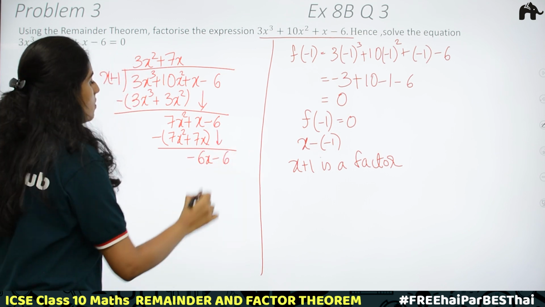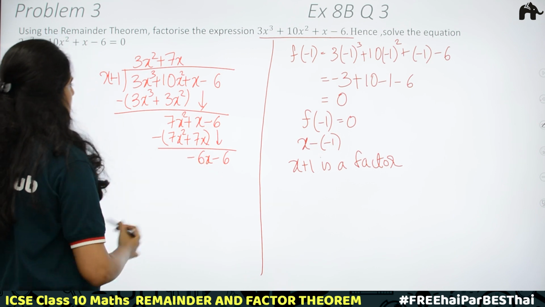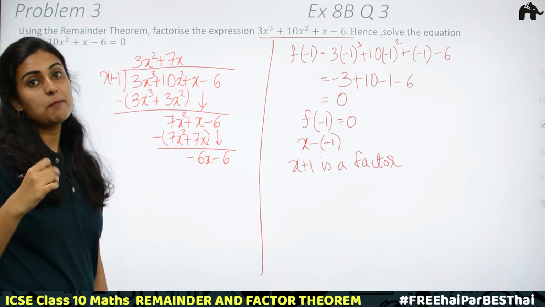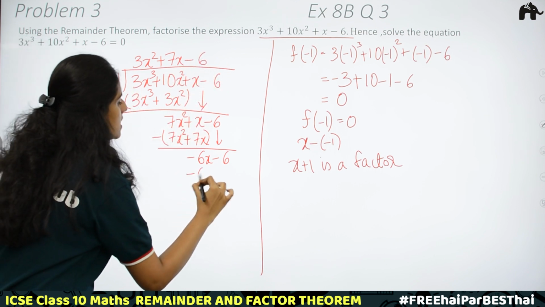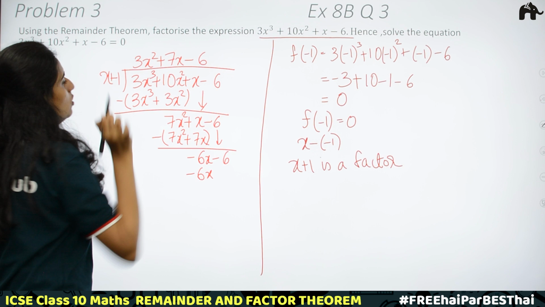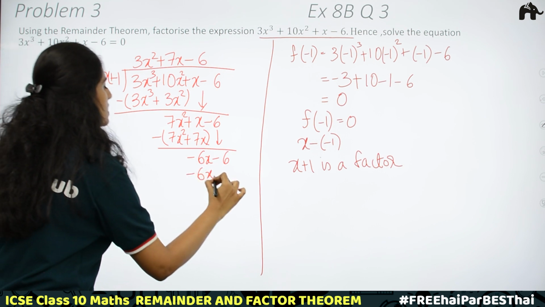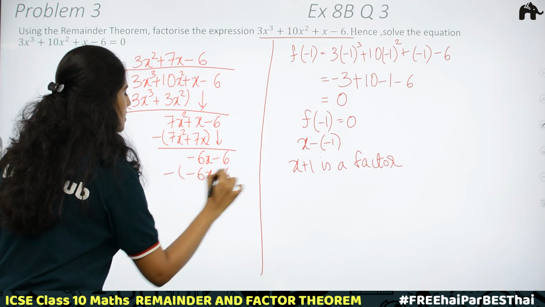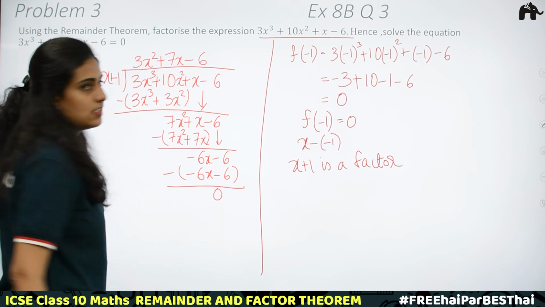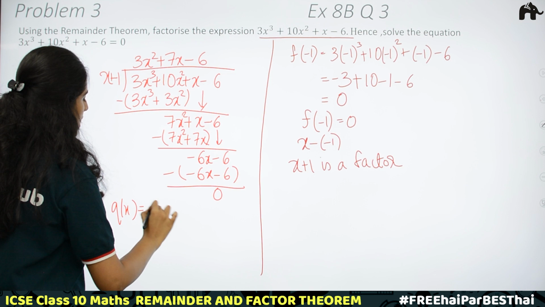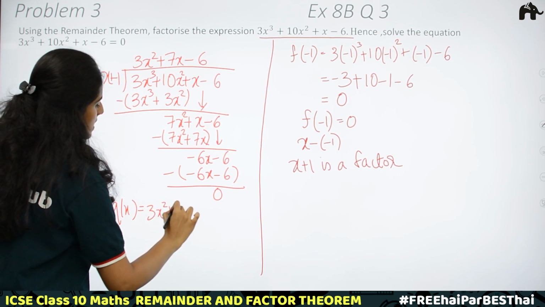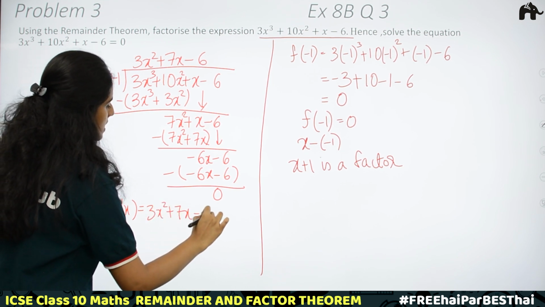Okay. Now, to get minus 6x, x should be multiplied with minus 6. Minus 6 into x is minus 6x. Minus 6 into plus 1 is minus 6. Then what is the remainder? On subtracting this, we get 0. So, we got the quotient q of x is equal to 3x square plus 7x minus 6.